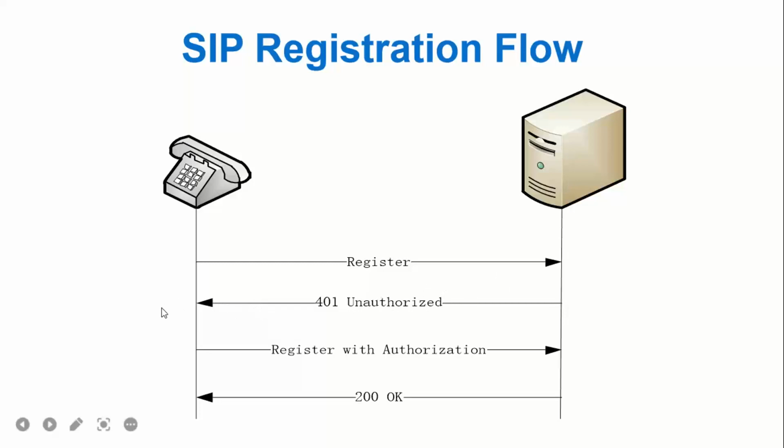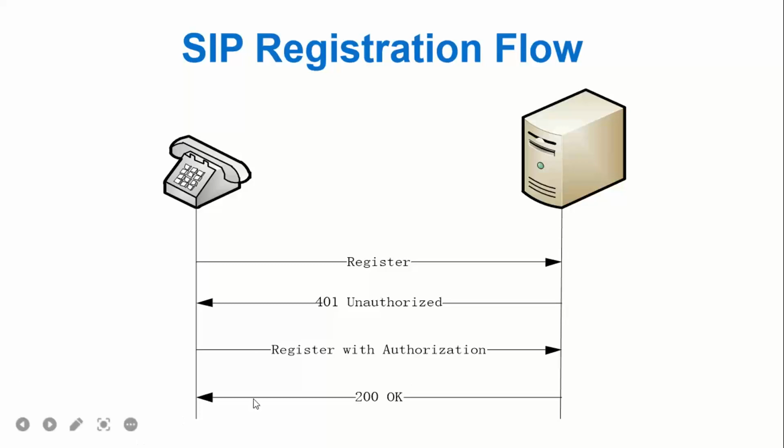After it calculates the response, it will send it with the second register to the PBX. So we call this the register with authorization. First time without credentials, second time it gives a response, which is calculated based on the key the PBX gave it.